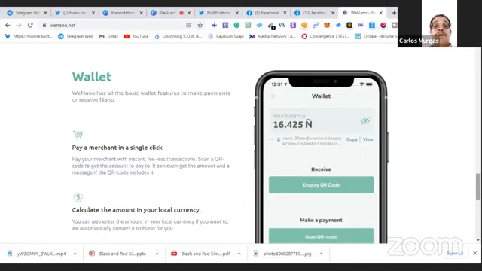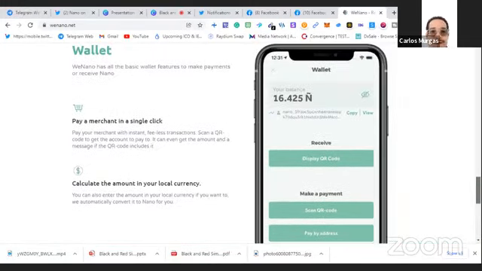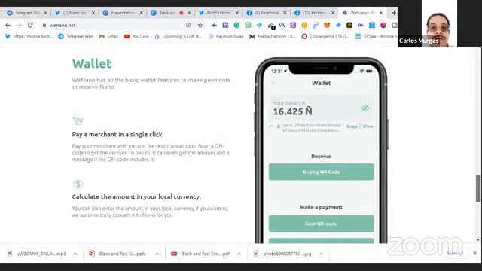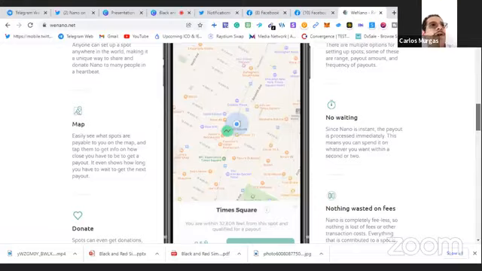So it's always better that you store your Nano in your own native wallet, such as Natrium for mobile or Nault for web-based devices. So as you can see, there is a wallet. You can even pay your bills if they start accepting Nano, and there is the link for the download of the app.